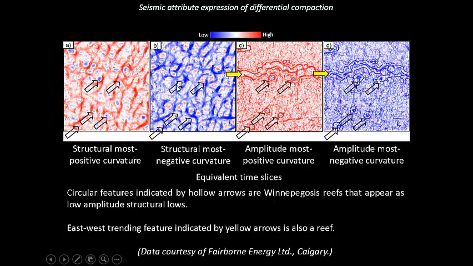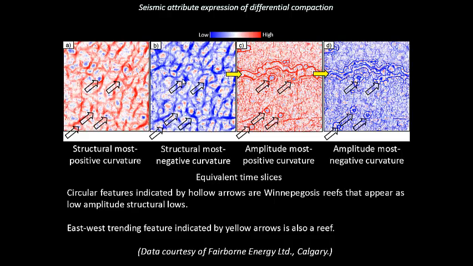And look at the reef signatures here, Winnipegosis reefs. On the amplitude curvature, positive, it shows us a much better definition than what you see up here. And similarly, the negative curvature is showing me a lot better definition as compared with the structural negative curvature that we see in B there.